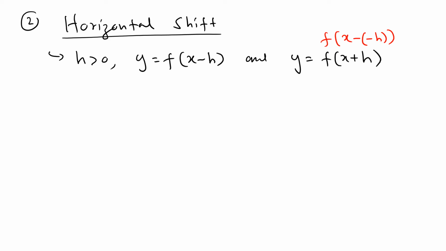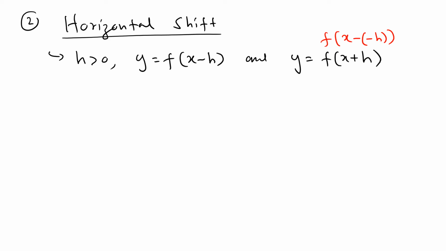So what's really going on here? What we try to do is read the values from the original graph. We try to read the coordinate, or the y values, from the original graph. But if you make a shift like that, if you say x minus h, what happens every time you subtract h amount from the x coordinate?